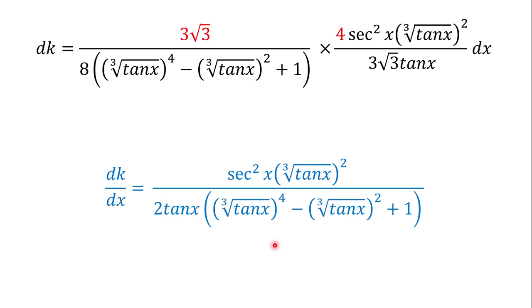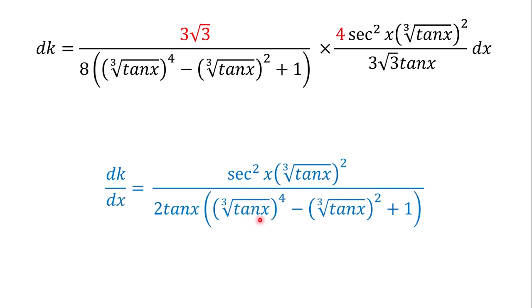Okay, so guys, the derivative of b, which is the square root of 3 over 2 tangent inverse of 2 times cube root of tangent x raised to the power 2 minus 2, all over, minus 1 all over square root of 3, is equal to this one.